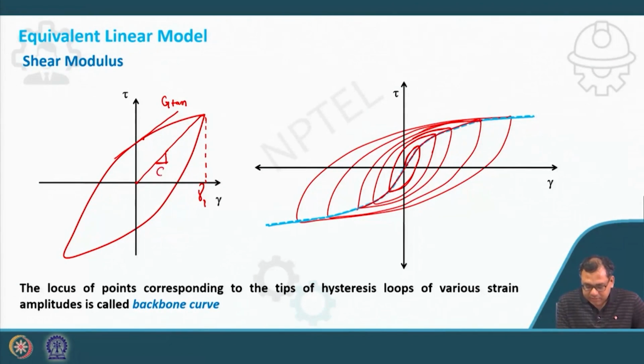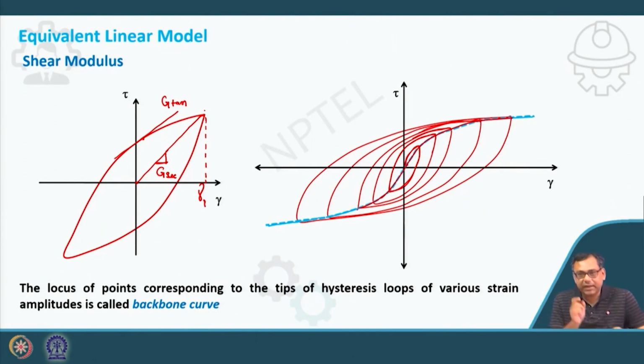I will get another shear modulus, and that is called the secant shear modulus, G sec. So G tan is changing at every point over the loop.